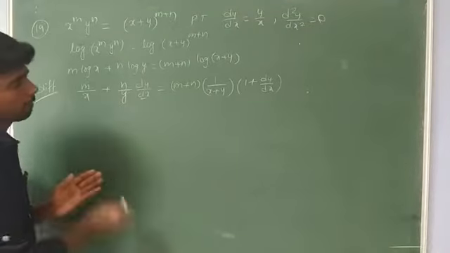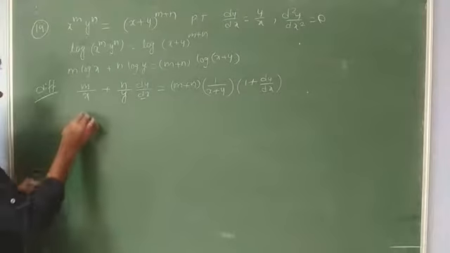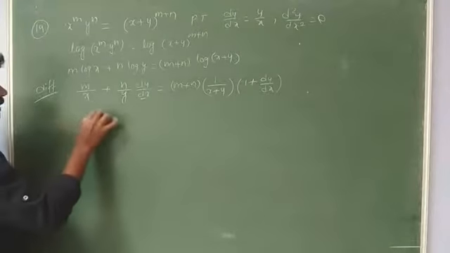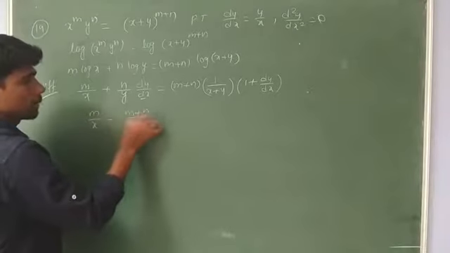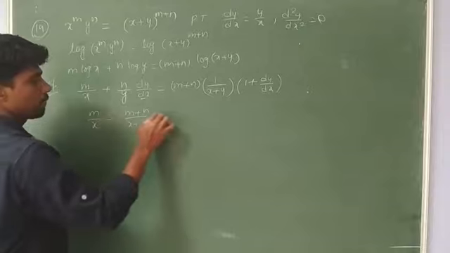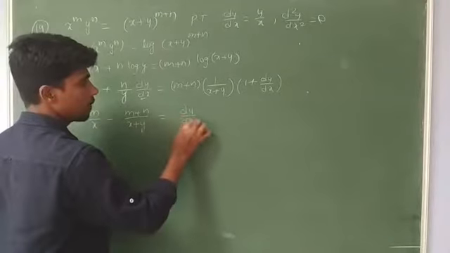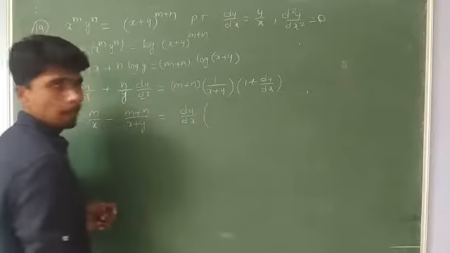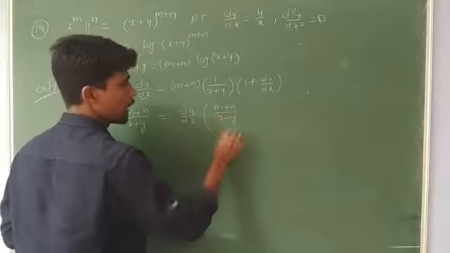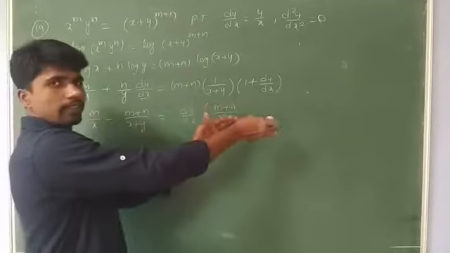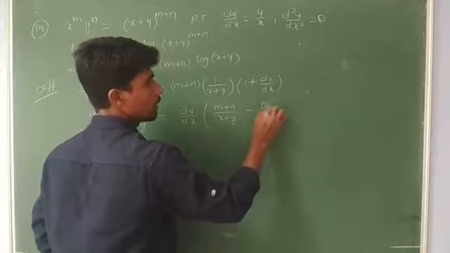If I separate 1 into m plus n by x plus y to the left side, then m by x minus m plus n by x plus y is equal to dy by dx into m plus n by x plus y. So if I transfer, I get minus n by y.